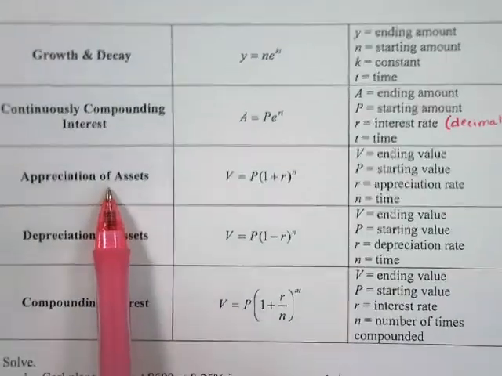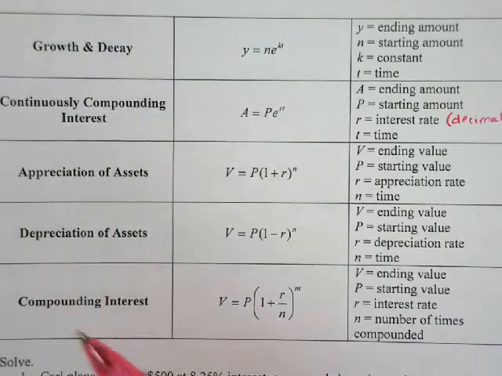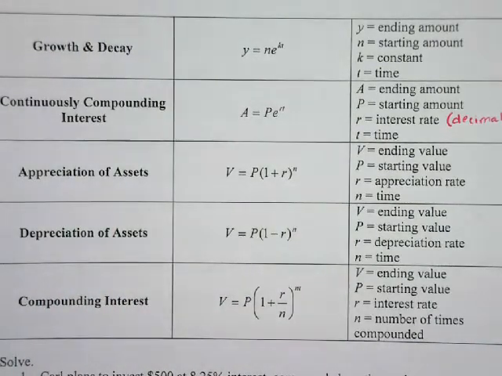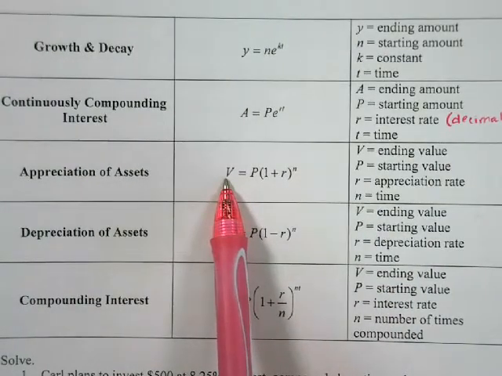Appreciation of assets. What are things that increase in value the longer you hold on to them? Land, houses, gold, collector's items. Does that make sense? So appreciation of assets means it's increasing in value. Okay, well look, V is my ending value. What are you noticing about everything that's on the left-hand side of the equal sign?